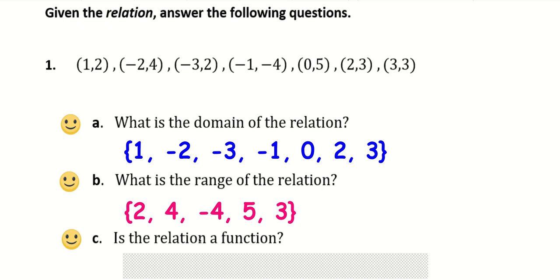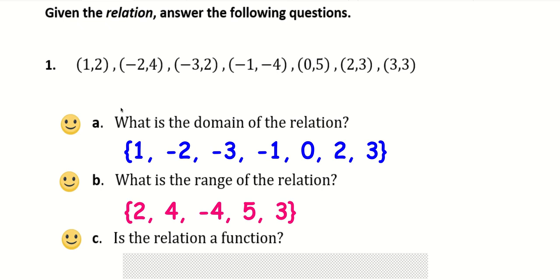And then remember, here's the next question. Is the relation a function? Again, an easy question to answer. That's why these little emojis are smiling, because they're very happy with how easy this is when you're given a list of ordered pairs.